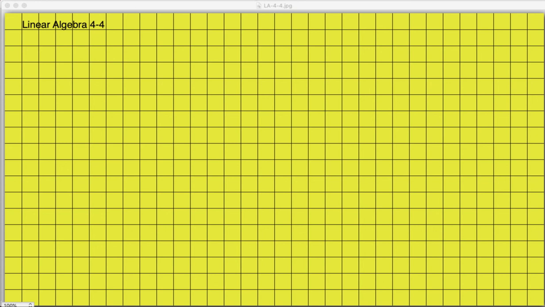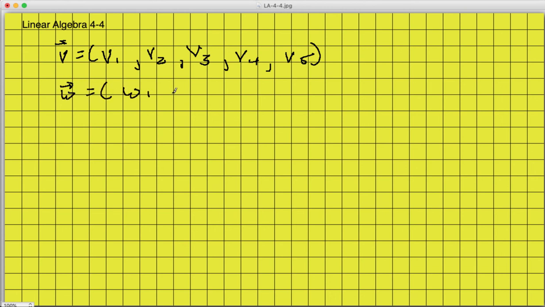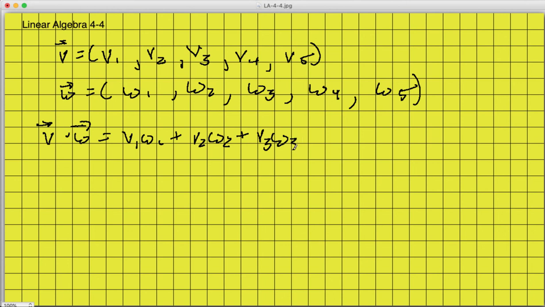For example, if v is equal to v1, v2, v3, v4, v5, and w is equal to w1, w2, w3, w4, w5, then v dot w is equal to v1 w1 plus v2 w2, and so on. And just so that you all don't get scared, you should get used to this notation.